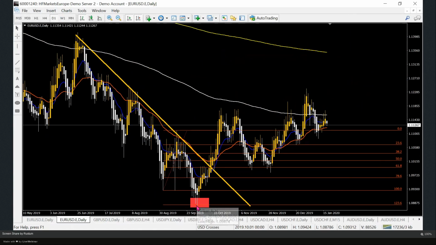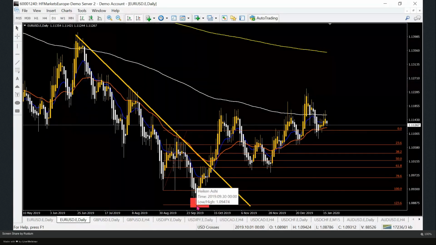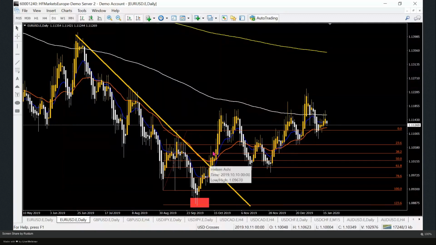I am going to assume that this is the turning point and it's going to break. So I'm looking for my entry on the 15-minute here because I've identified a zone. You can identify zones all over the show. That is a zone for you.